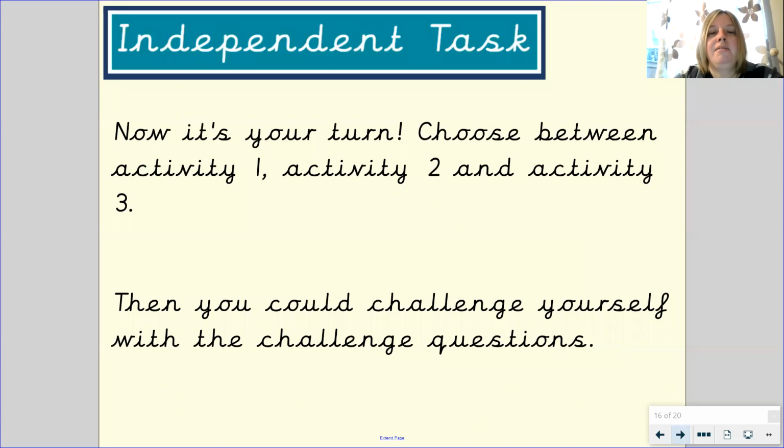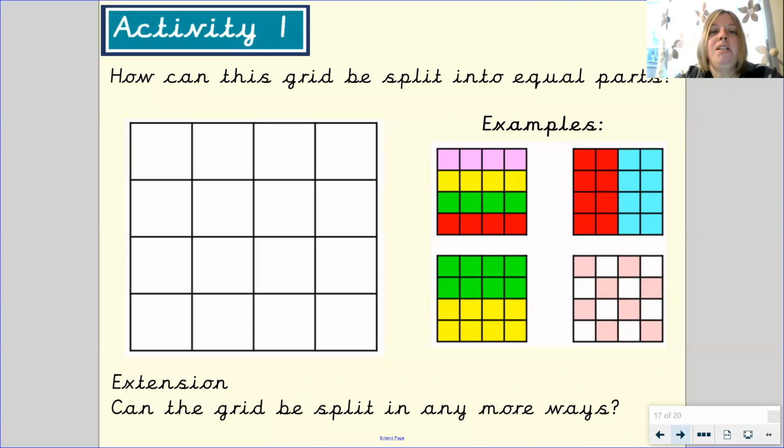Now it's your turn. Choose between activity 1, activity 2, and activity 3. Then you could challenge yourself with the challenge questions. Activity 1. How can this grid be split into equal parts? So on your book or in your piece of paper, you will need to draw the grid.